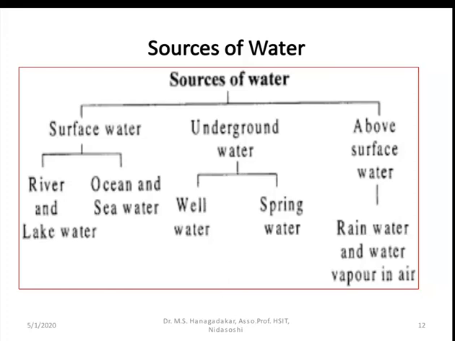Surface water is further subdivided into river and lake water, and also ocean and seawater. In the second type, underground water, you may get it in the form of well water or borewell water, and also spring water. Above the surface, you have water in the form of rainwater or water vapor present in the air.